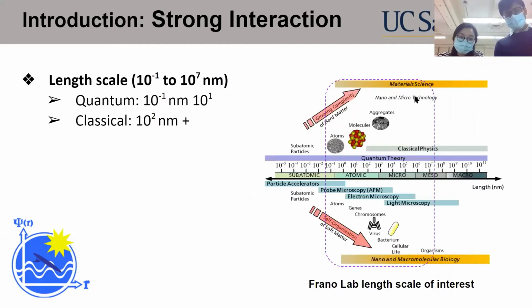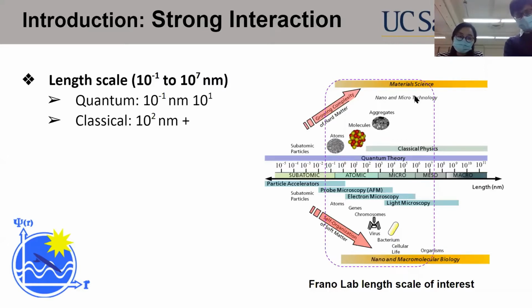So first thing is the length scale. Please feel free to stop me during this presentation, or Dong, when she comes in, and we are happy to take your questions as much as we know. So the first thing is the length scale that we are interested in.